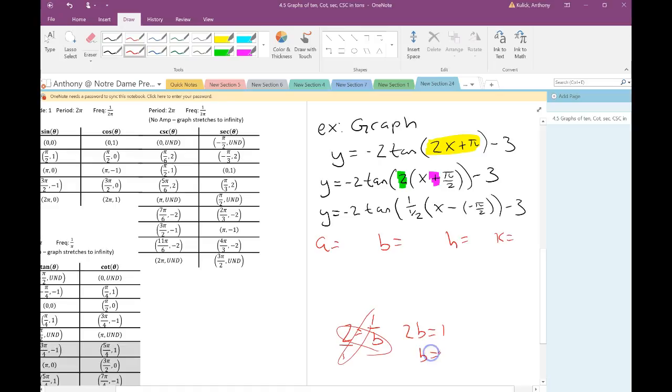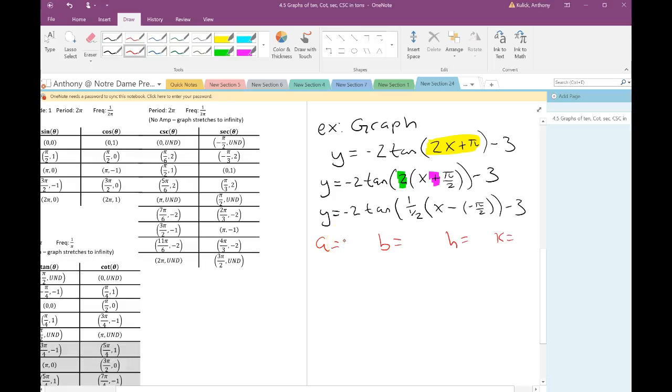And if I divide both sides by 2, I get b is 1/2. So that's the same thing as writing 1 over b. When we write the map, yes. But we're not to that point yet. So you're just a step ahead, I think, Julia.